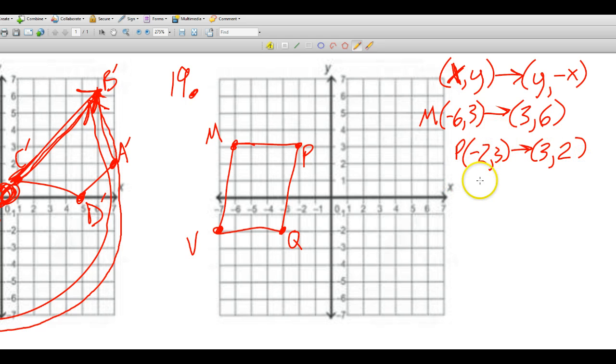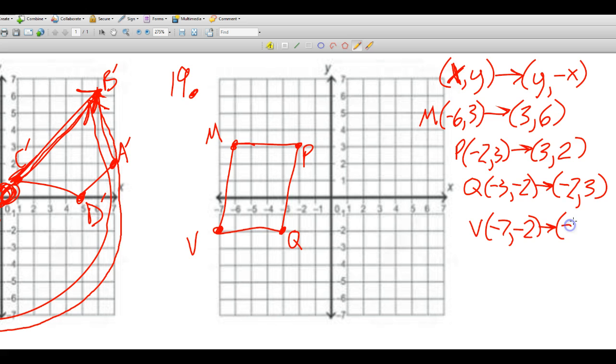Q is (-3, -2), and this maps onto, my y coordinate becomes my x coordinate, and the opposite of my x coordinate becomes my y coordinate. And V, (-7, -2). My y coordinate becomes my x coordinate, the opposite of the x coordinate becomes the y coordinate.